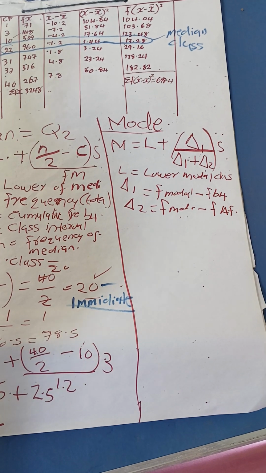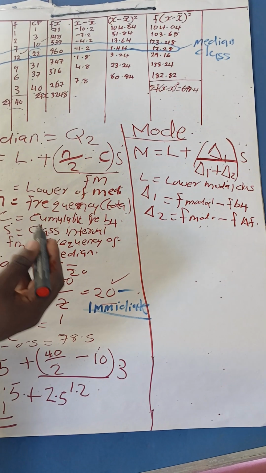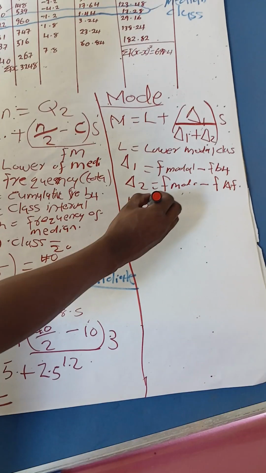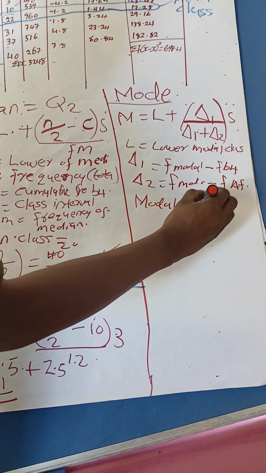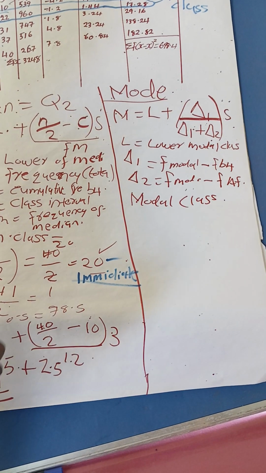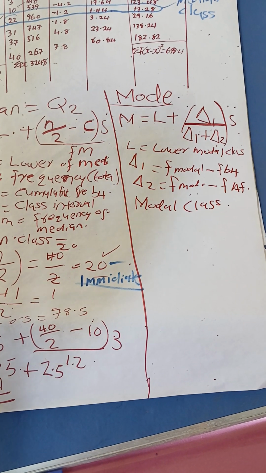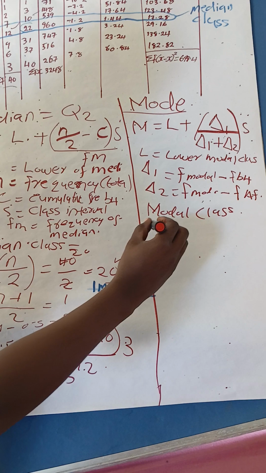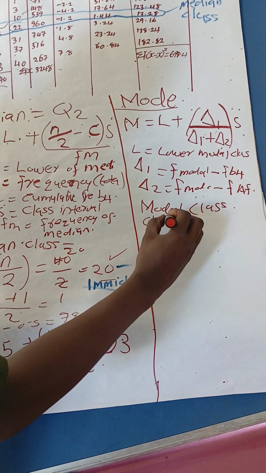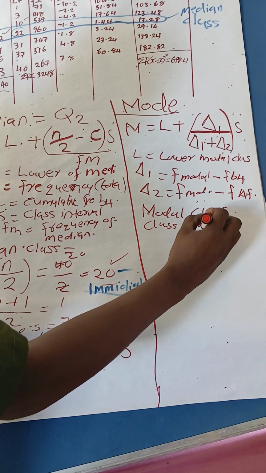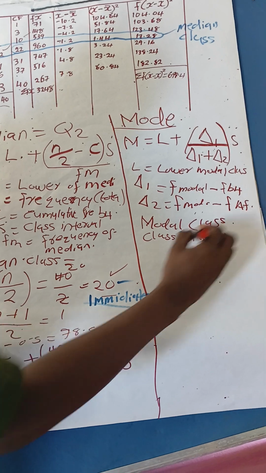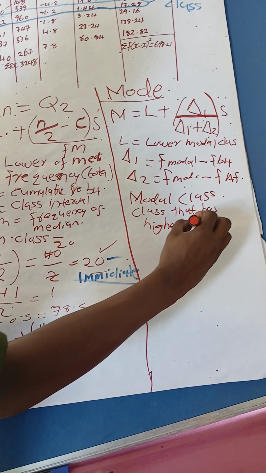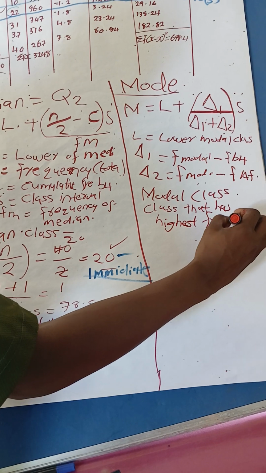So we go ahead. Now we want to identify the modal class, the way we did for the median. How do you identify the modal class? Just as simple: the class that has the highest frequency is the modal class.